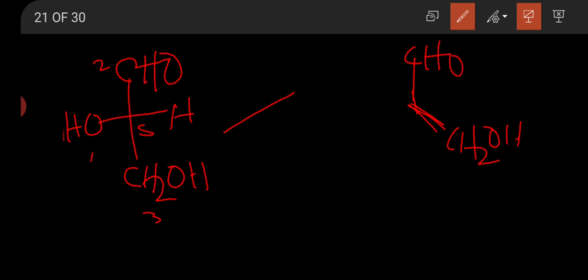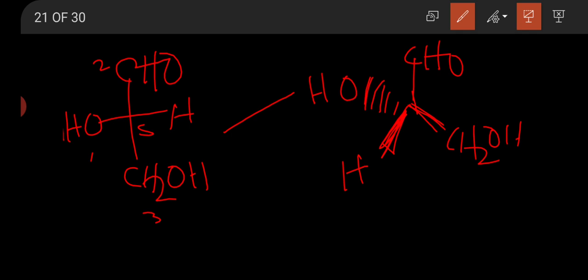Then we write the right side H bond above the plane, and the left side bond below the plane with a dotted line.